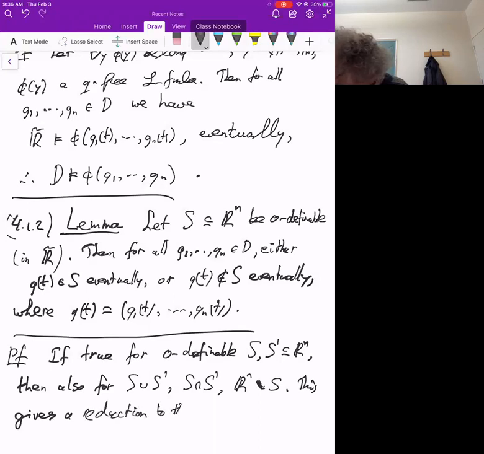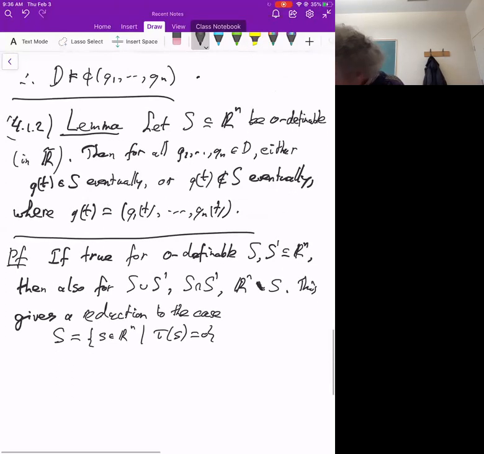The case where S is defined by an atomic formula. So all the little s in R^n for which tau(s) is 0, where tau is an L-term.